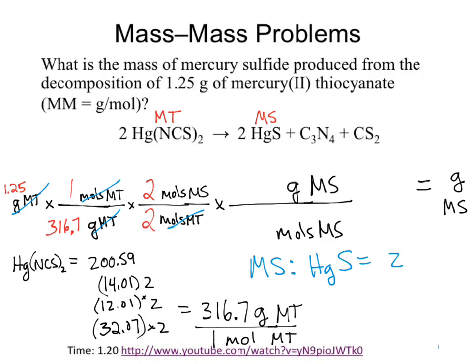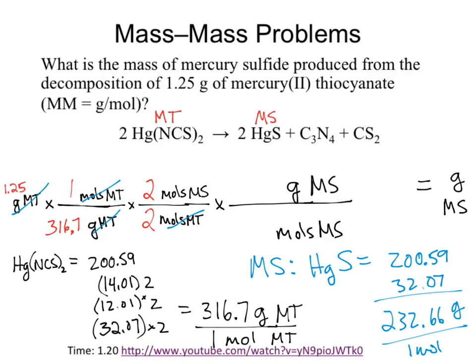We go through and look up our molecular weights for each of these. 5.9 and our 32.07. Add that up and we get 232.66 grams per 1 mole of MS.